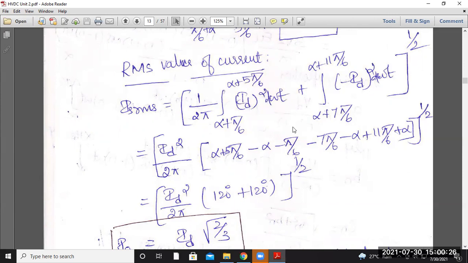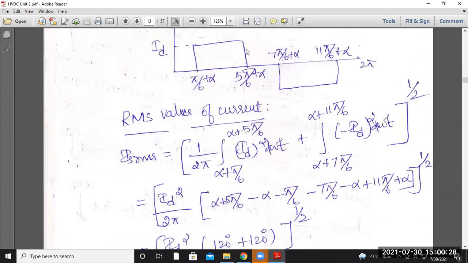The value will remain as it is, but here you can see that id varies from alpha plus pi by 6 to alpha plus 5 pi by 6 in the upward direction, for the positive current value, whereas the graph is in the negative direction. So the current will vary from alpha plus 7 pi by 6 to alpha plus 11 pi by 6, but in the negative direction. That's why the negative value of id is taken.